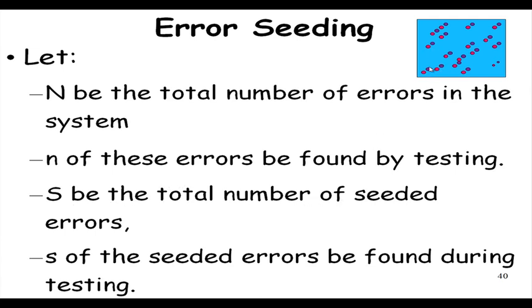So, S number of bugs he seeded, and then the testing was carried out, and at the end of testing it was found that small s number of seeded bugs were discovered during testing, and small n number of bugs which existed have also been discovered by testing. So, these are the bugs which have been discovered, the seeded bugs and the unseeded bugs.